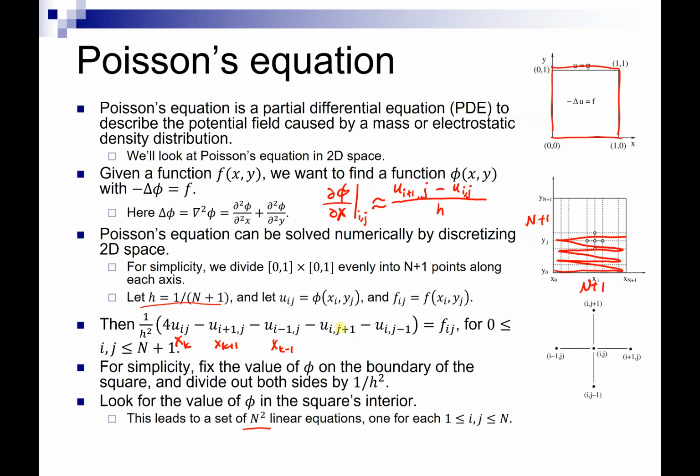These two things are in a different row. So instead of just being x of k plus 1, this is actually x of k plus the next row. Each row has n elements, so this is the next element in the next row, and this is the element in the previous row, x of k minus n.